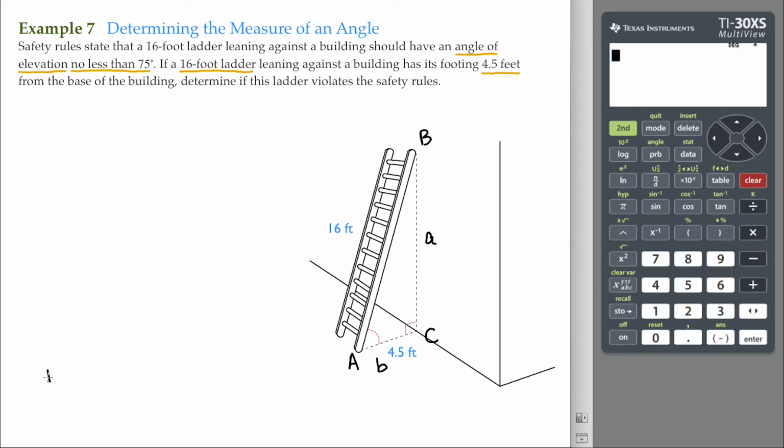Now, trigonometric ratios, the trig ratios, help us determine side lengths. Their inverses help us determine angle measures.